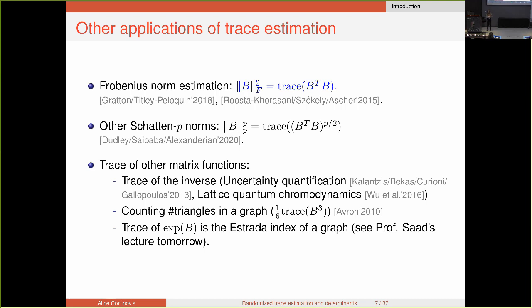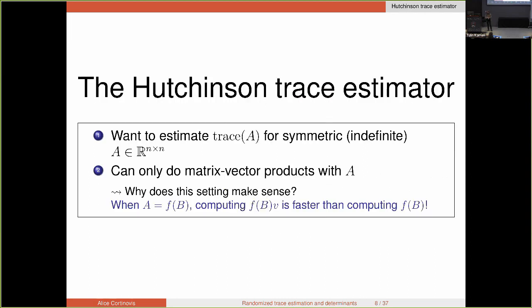For example, probably the simplest example is the Frobenius norm of a matrix: the square of the Frobenius norm is the trace of B transpose B. So you can use randomized trace estimation also to estimate the Frobenius norm of a matrix, and also other Schatten p norms and the trace of other matrix functions. For example, the trace of the inverse, the trace of the cube of a matrix, or the trace of the exponential of a matrix.